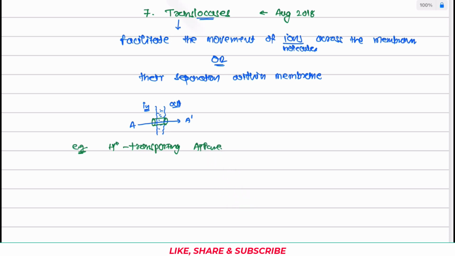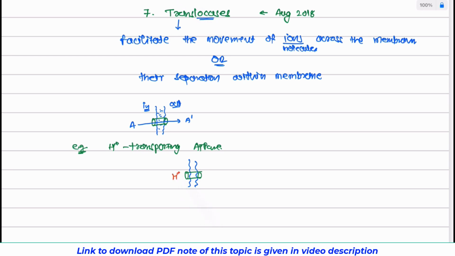This enzyme is located in the membrane and traverses the cell membrane. H plus ions will be transported across the cell membrane. This is the H plus transporting ATPase, shown by this green barrel. So this action is carried out by the H plus transporting ATPase.